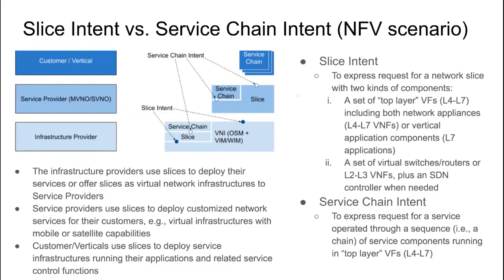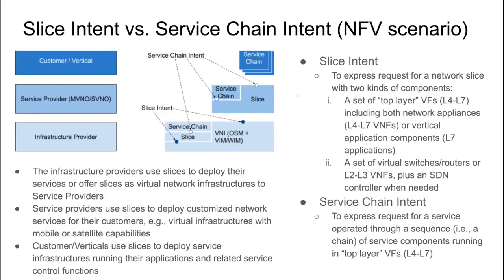So in general, slice intent should express indications about those components. Then we have the service chain intent that expresses the request for a service operated on top of the slice through indications about the sequence of the service components running on top of layer 4, layer 7 virtual functions.